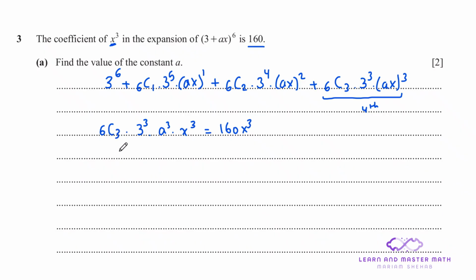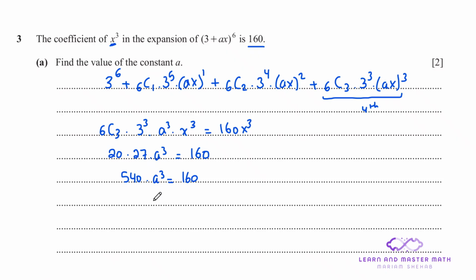6c3, you can find it with the calculator or manually. It's going to be equal to 20, times 3 to the power of 3, which is 27, and a cubed is equal to 160. Just ignore the x cubed here and solve for a. 20 times 27 is 540, and then we have 540 a cubed is equal to 160.